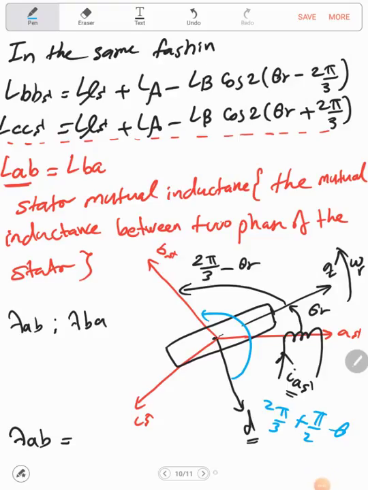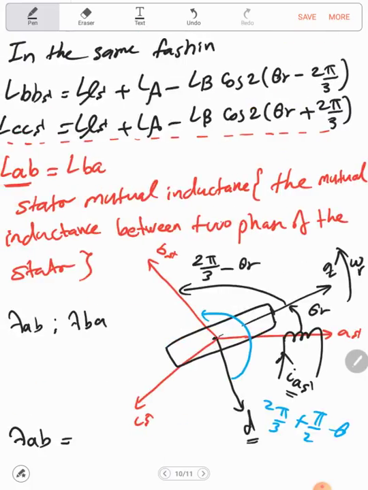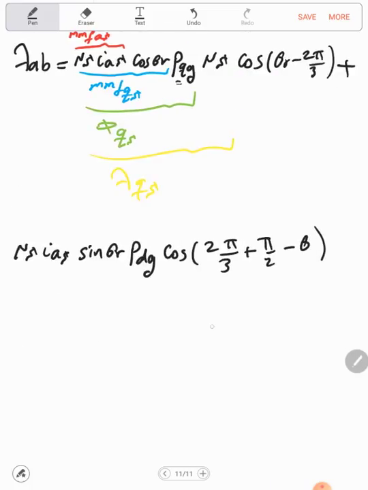So this is the angle. So this will be the contribution of the D-axis flux on the B-axis flux.